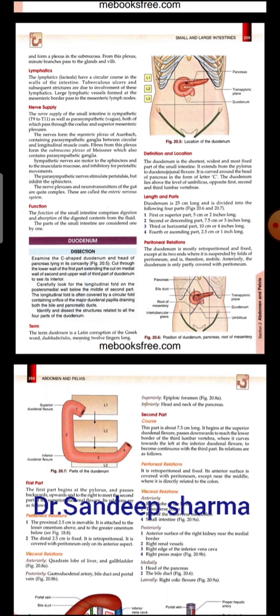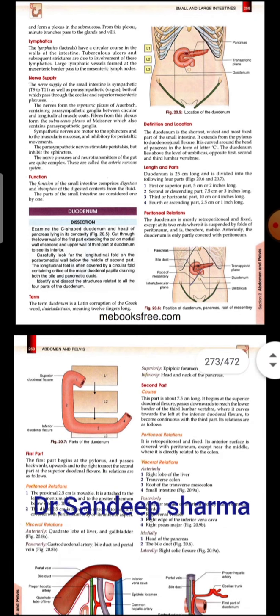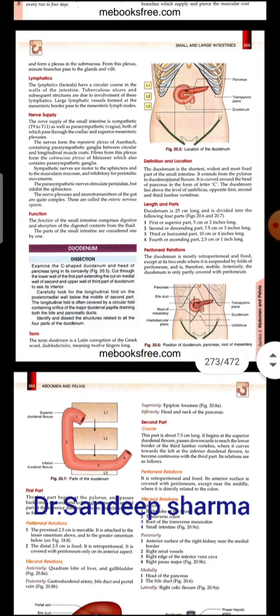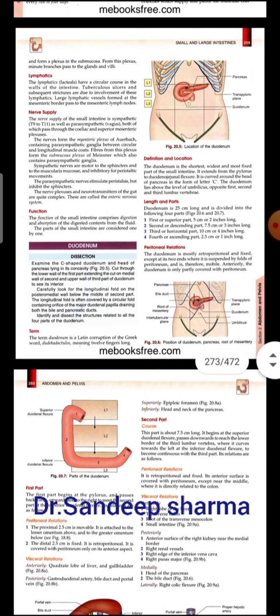Again, the duodenum is divided into four parts, and keep in mind that there is no such differentiation in reality. For ease of study, we have used some imaginary lines, and as per the anatomical value of that intestine, we have divided it into different parts, named them and classified them.